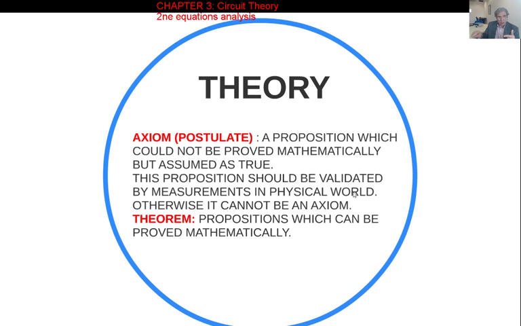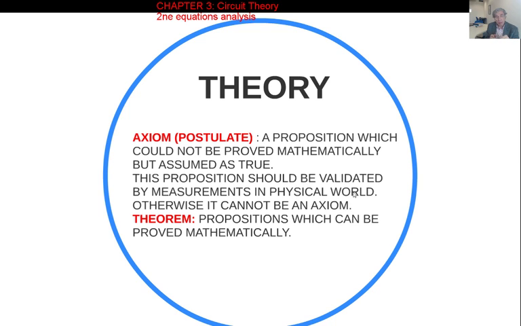If there is a line and a node, there is only one line that we could draw passing through this node and parallel to the given line. It cannot be two. That is the axiom in geometry. So this is an axiom in mathematics, but in the physical world, we are going to state the axiom and then validate that axiom in the lab.